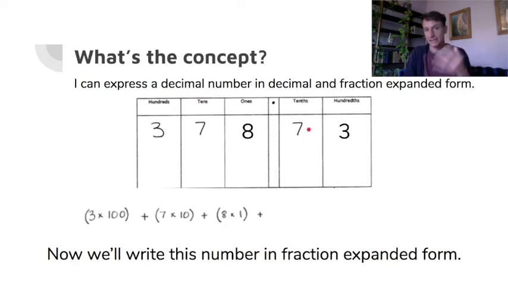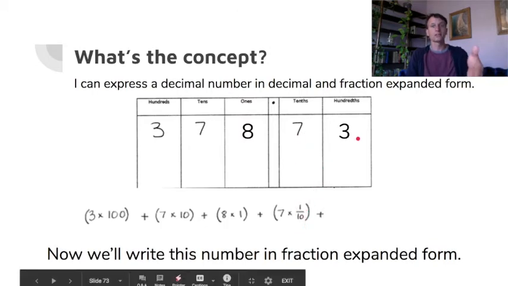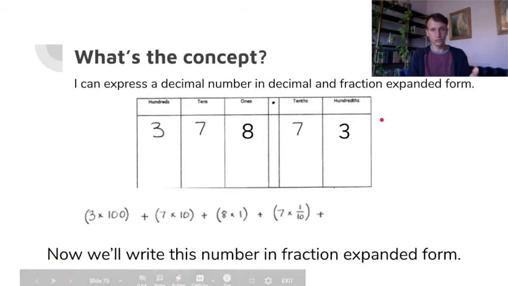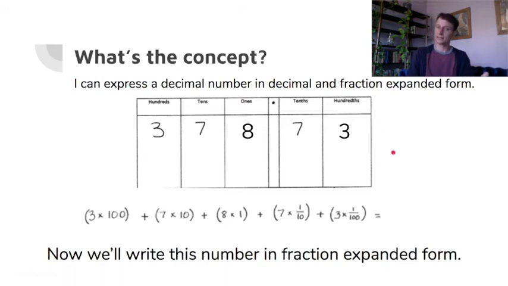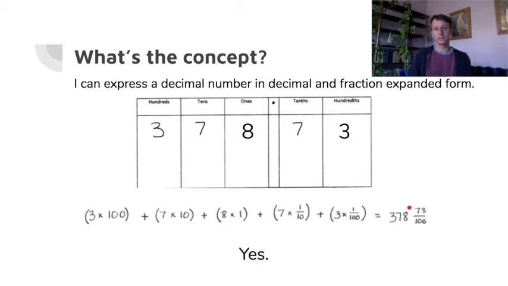So if you weren't looking at them and just listening, you wouldn't know if I were reading them in fraction or decimal form. 7 times 1/10 in fraction form. 3 times 1/100th in fraction form gives us the same number, but a little difference here as well. I'd read it the same, but yes, that fractional part will be in fraction form instead of decimal. 378 and 73 hundredths. Yes!